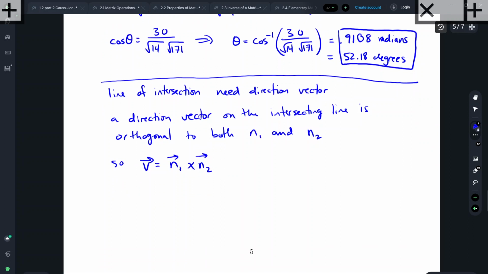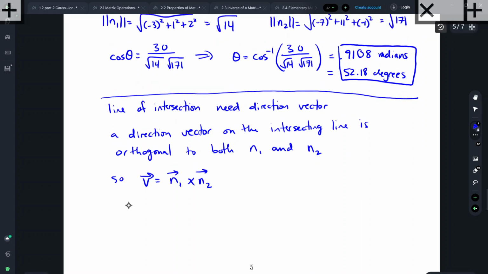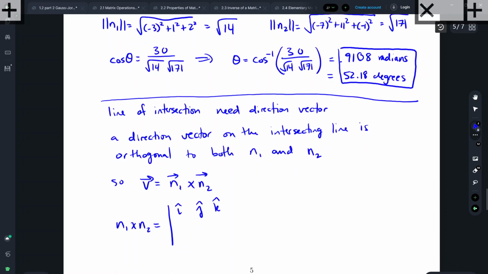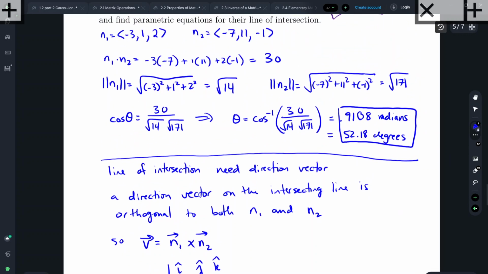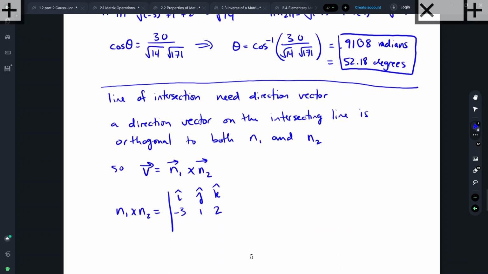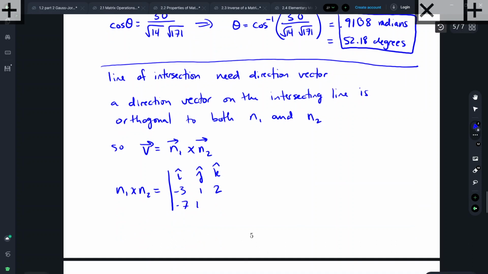Okay, so let's set up the calculation. So n1 cross n2, i hat, j hat, k hat. So what was n1? That's -3, 1, 2. And n2 was -7, 11, -1. So let's calculate the cross product.